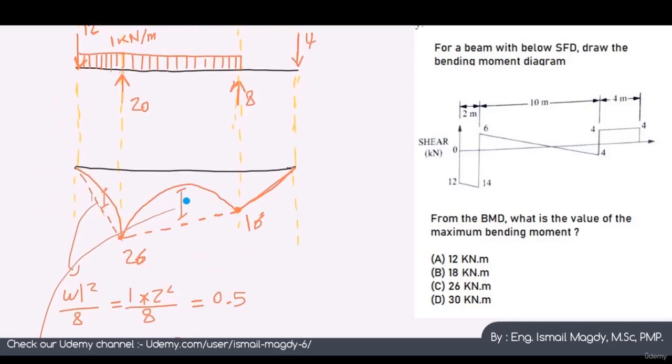So this means that this distance is 12.5. This point in the middle here is the midpoint between the 16 and the 26. So this means this point is 21, and we will go 12.5 from it, so we will reach the point of 8.5. And of course, this is all negative moment.